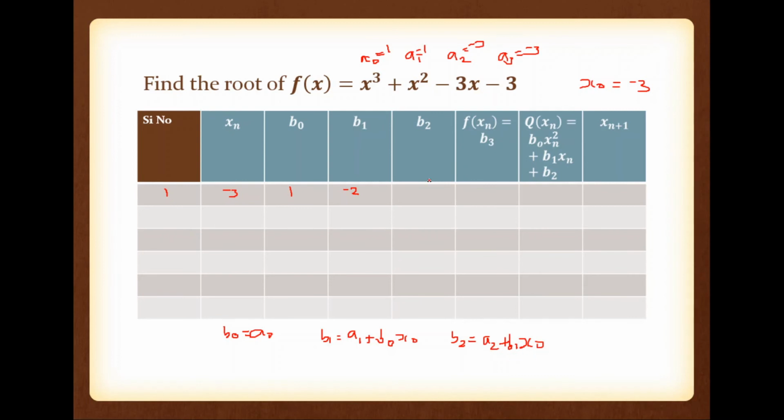Minus 3 plus 6 is plus 3. So this is plus 3. If we have coefficients up to a3, then the quotient has coefficients up to b2, one less. Here we have 4 terms, so here we have only 3 terms. This is actually the quotient q of x, the coefficients of q of x. And we have a remainder.